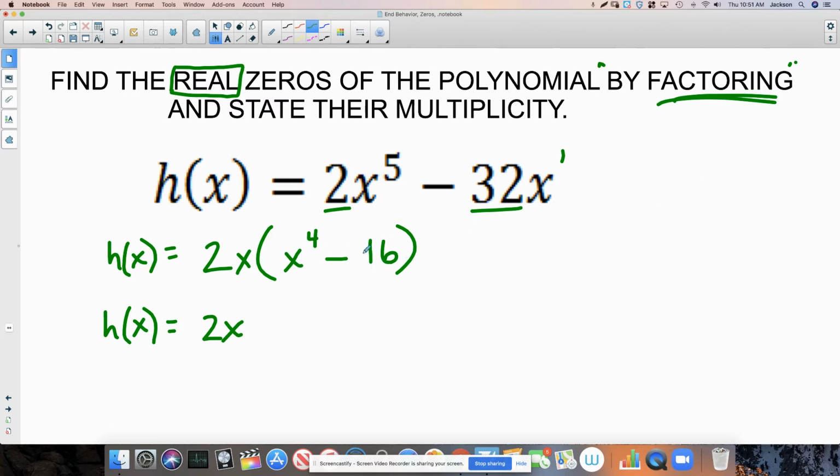And if you look at this and you say, well, that's not squared because it's x to the fourth. Any even power of x, okay, is a perfect square, right? X to the fourth is x squared squared. X to the sixth is x cubed squared, so on and so forth. So any even power is a perfect square, and this is a perfect square.